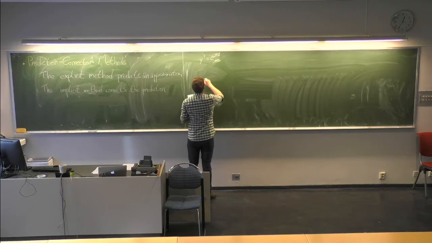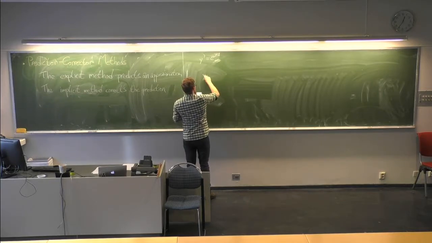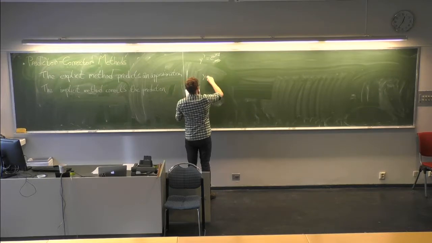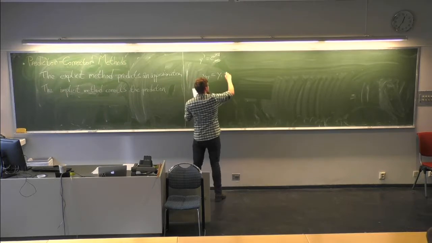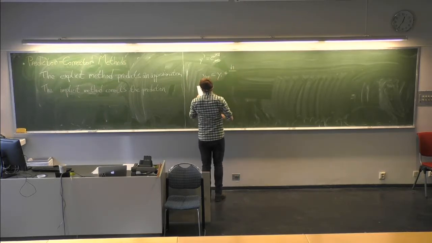So for instance, you can use Adams-Bashforth. Let's see, I think this is 3-step Adams-Bashforth. So I'm just writing these on a blackboard.